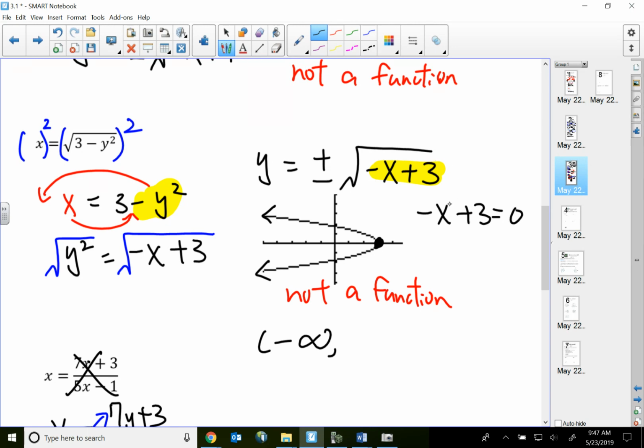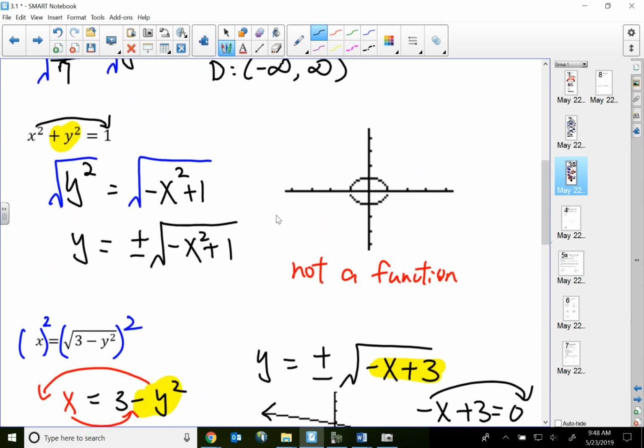If I set that equal to 0, simply move the x over, it tells me x is equal to 3. So in this case, the number 3 is where the domain ends. It's coming from negative infinity, it ends at 3. Since 3 is going to be a point on my parabola, I have to use a bracket.